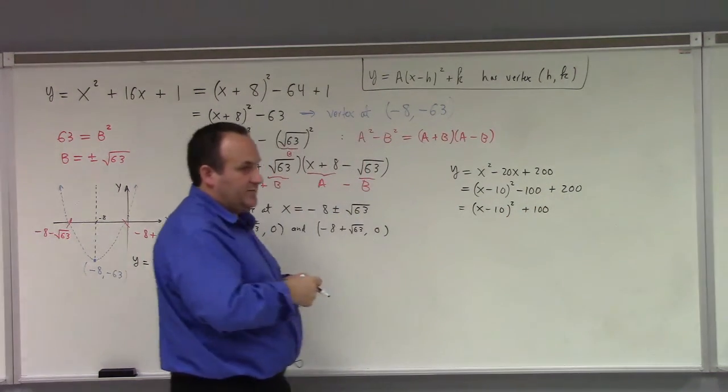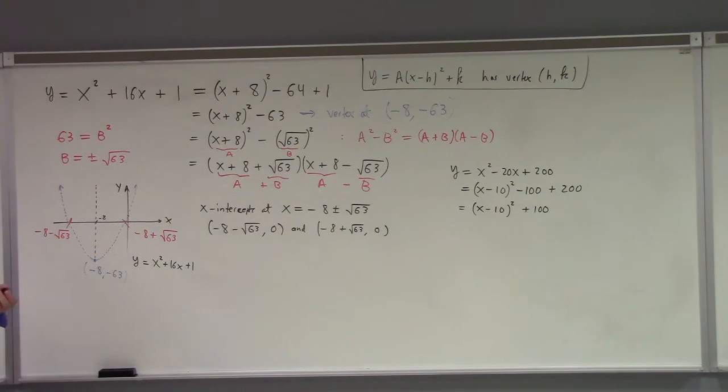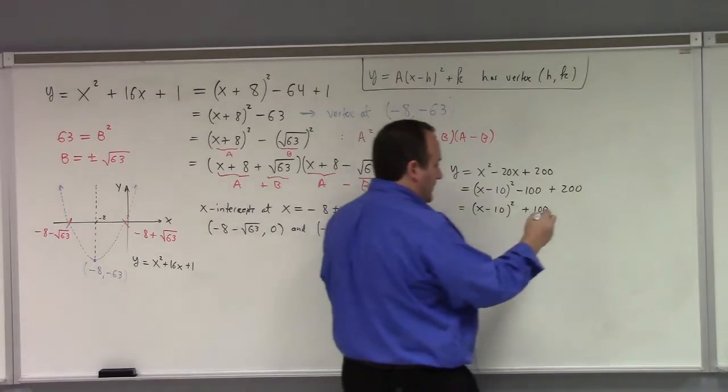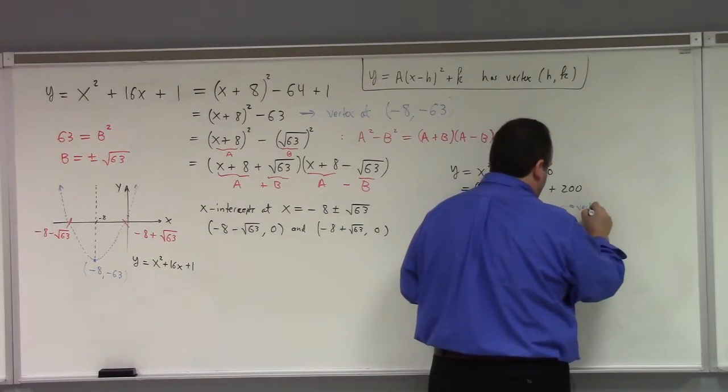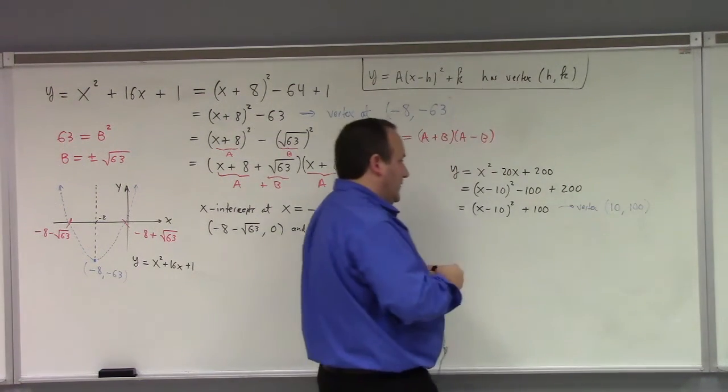So this is prime. We can't do that difference of squares trick we did on the last one without introducing complex numbers. The only way I can factor that is to introduce complex numbers. Now, what's the vertex for this one? 10, comma 100, very good. No x-intercepts.